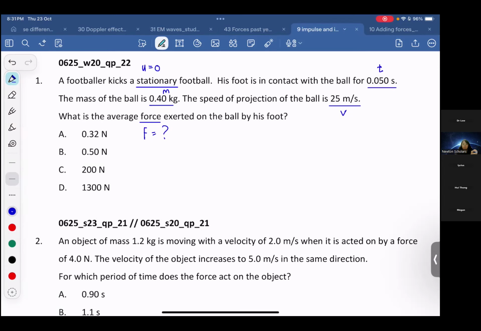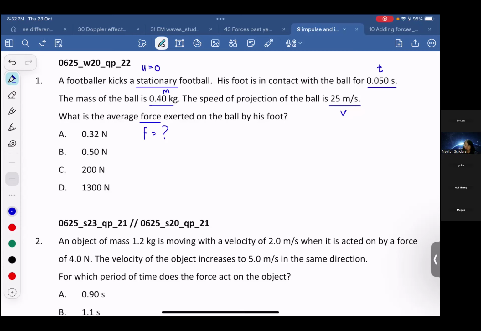Megan, correct. Megan, good job. How about others? Megan, you can try question number 2. So we read the question, we try to find information. Just now it's stationary, so I know initially u equals 0.